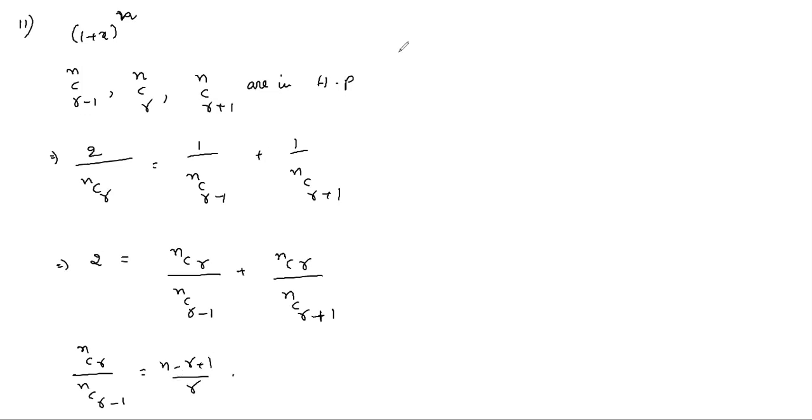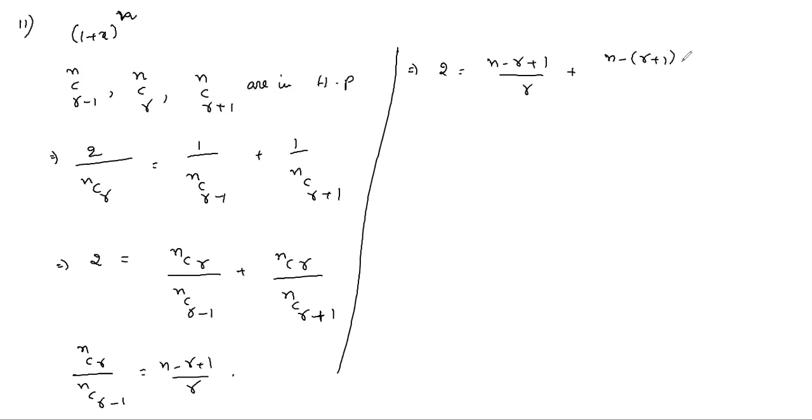So if you apply the same, 2 equals n minus r plus 1 by r. This is in the reverse. In case of r, we have r plus 1. So n minus of r plus 1 by r plus 1. If you compare with the first one, it is in the reverse.